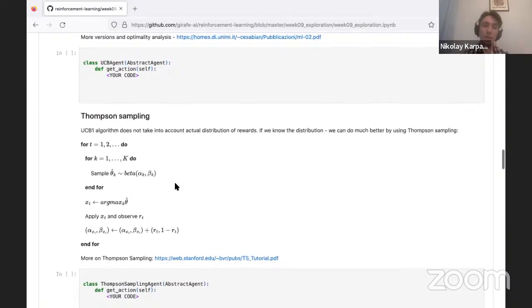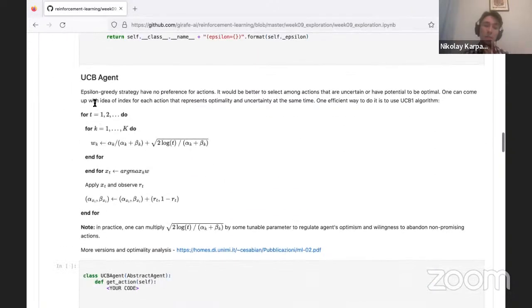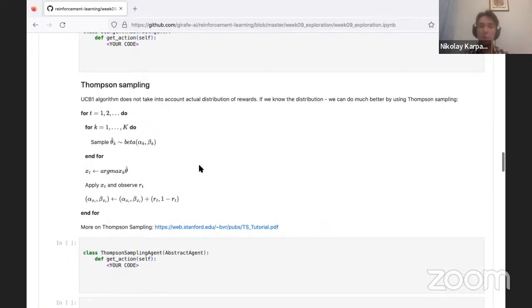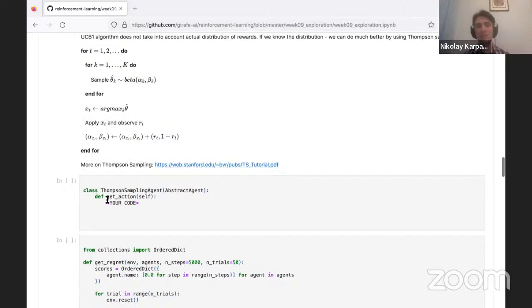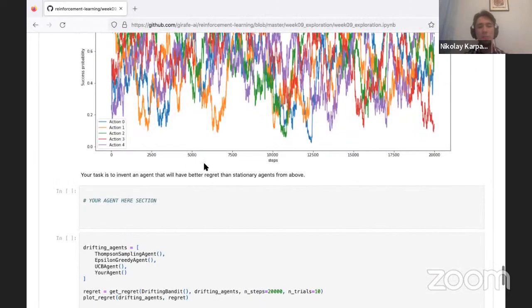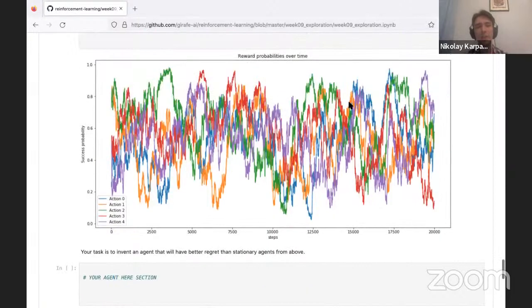Well, basically, you have the general pseudocode for the UCB agent and for Thompson sampling, from which you can understand kind of what to put in the code. I believe it's very easy, and you would need to invent your own strategy for this non-stationary case.